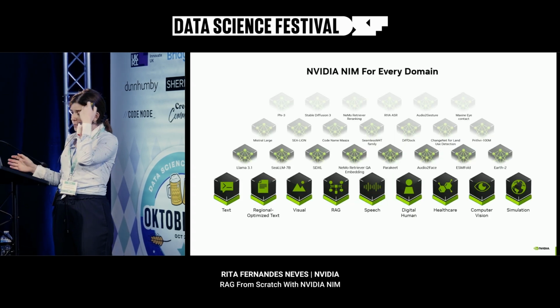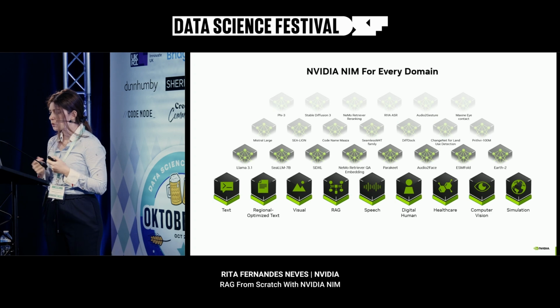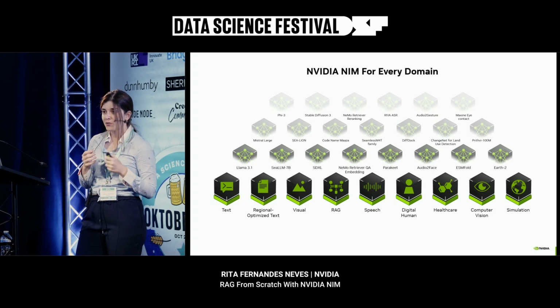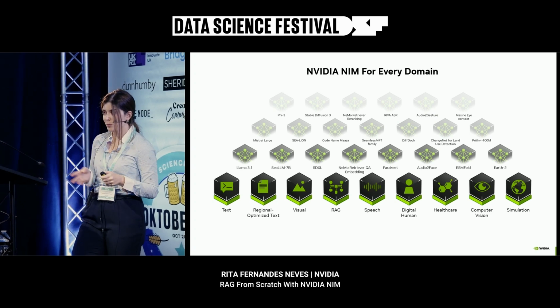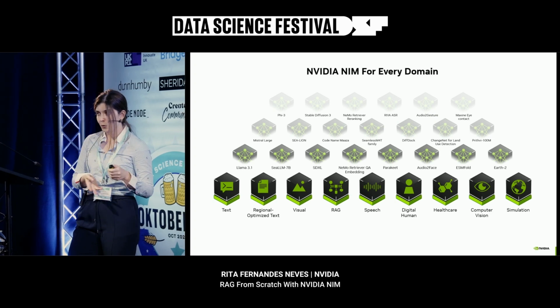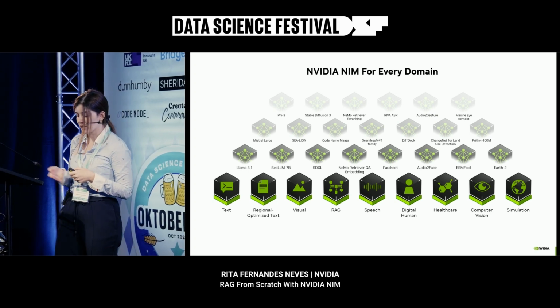So to go back to RAG almost, we have, as I've said, a NIM for each model that we have available online. I will give you the link address for you to go and check the models out.